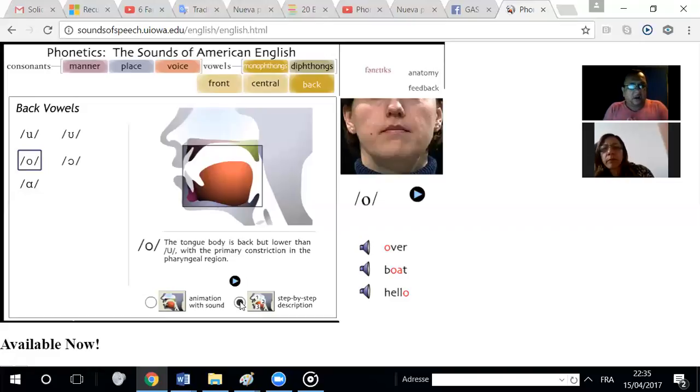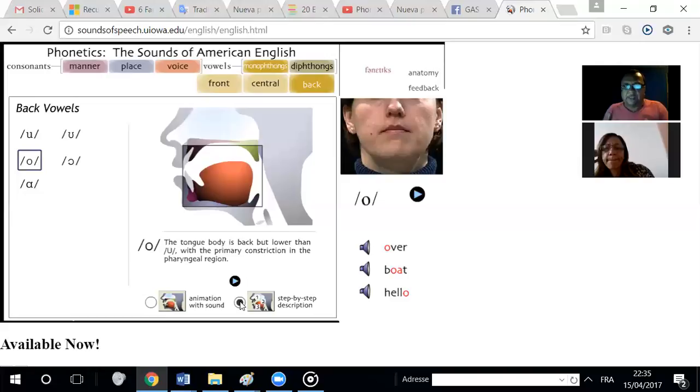A Latin American student will say: phonetics, the sounds of American English, consonants, manner, place, voice, vowels, monophones, diphthongs. You can read it that way.